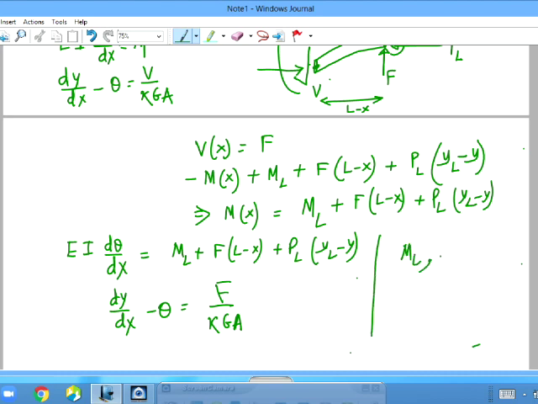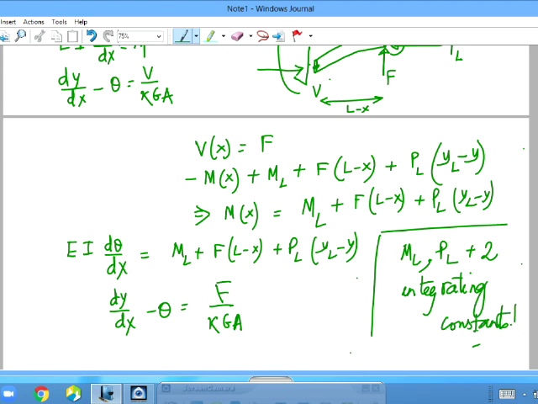You have ML as an unknown, PL is also an unknown, then you have two integrating constants, because it's two first order equations. So total 4 unknowns. So we will need 4 boundary conditions.